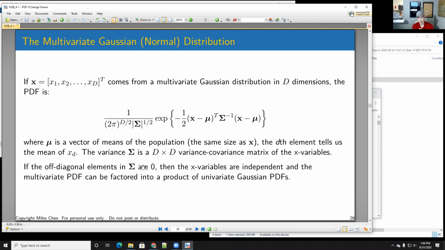And if they are independent, technically the multivariate PDF can just be factored into a product of univariate Gaussian PDFs. So you have a univariate normal distribution in x, and if you multiply that by a univariate normal distribution in y, you would get a multivariate Gaussian normal distribution. It's just that your variance covariance matrix would be a diagonal matrix.